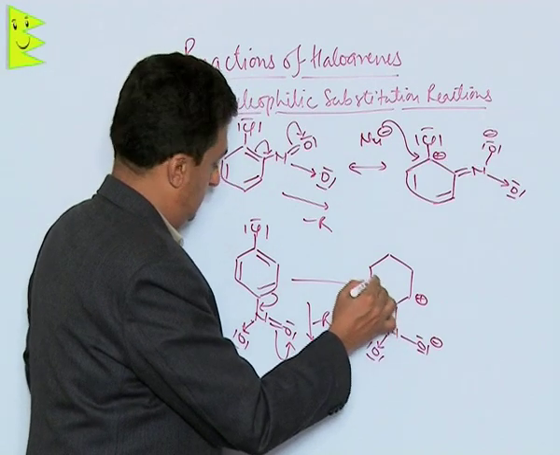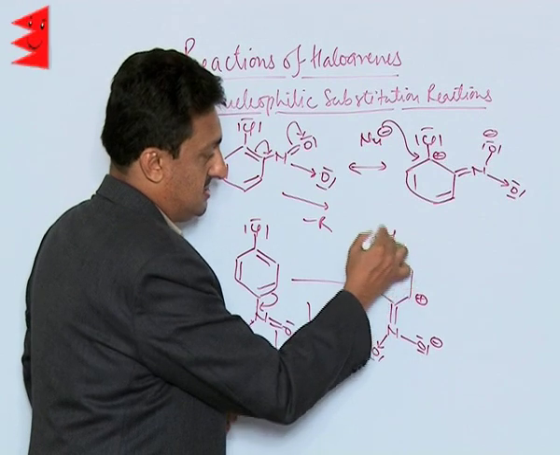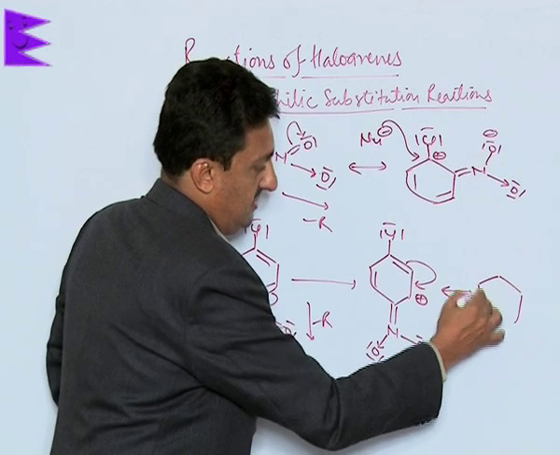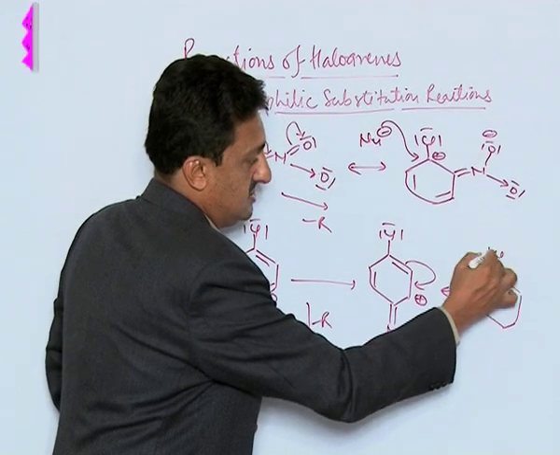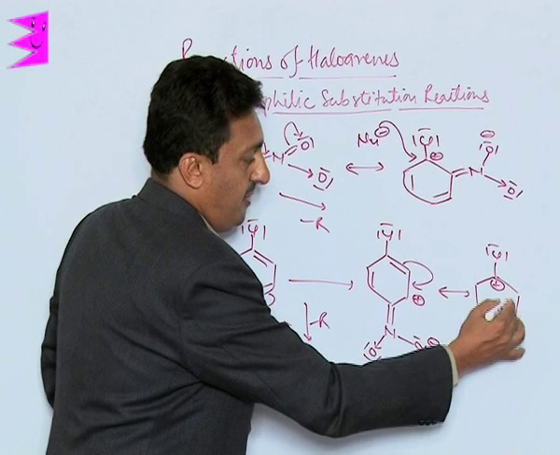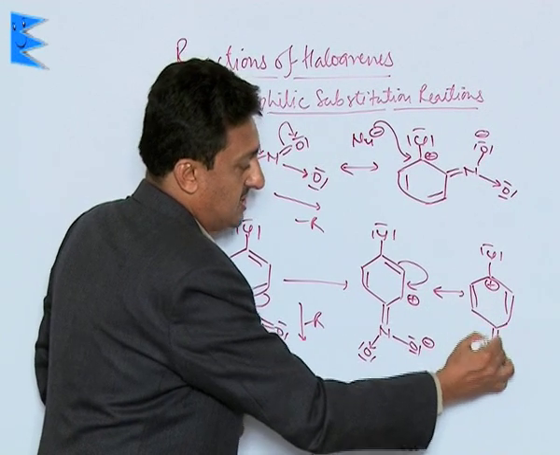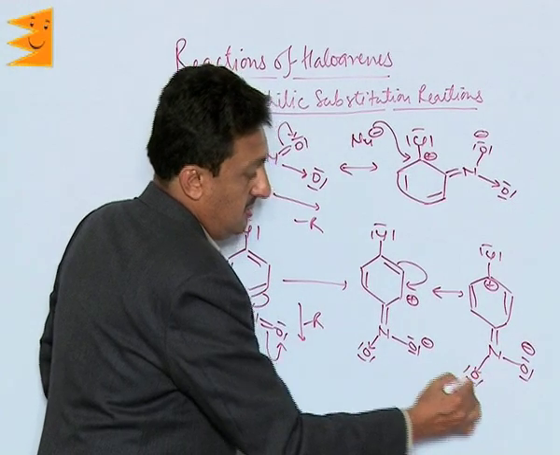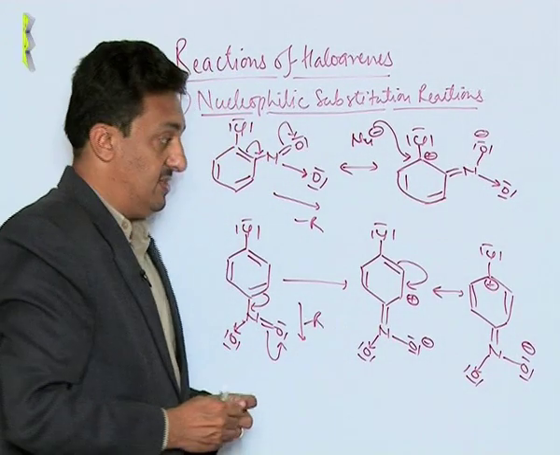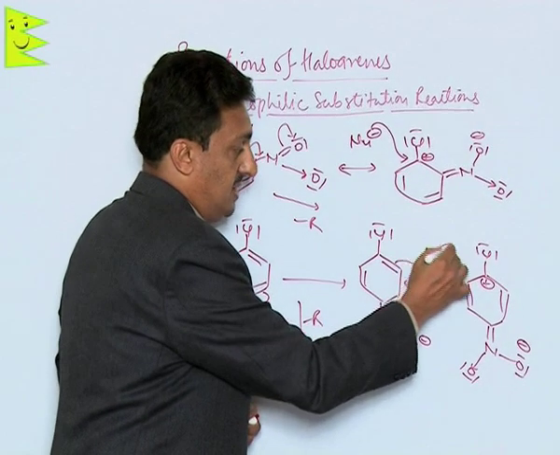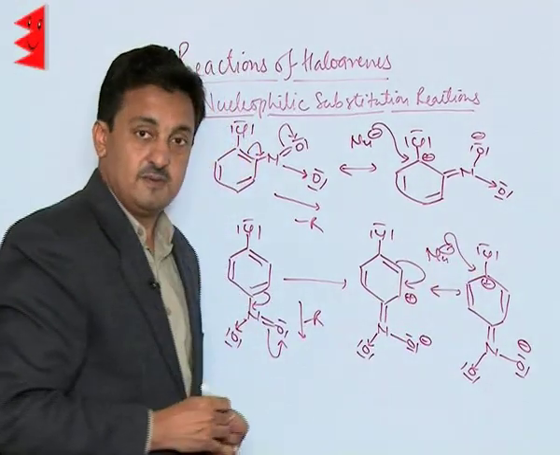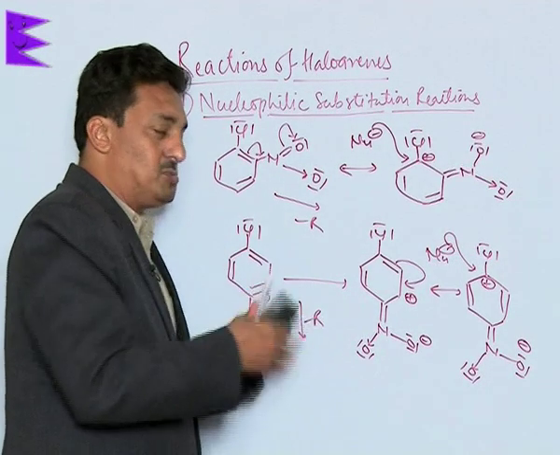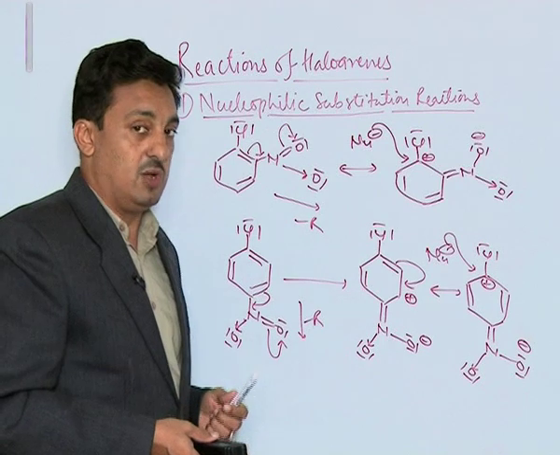What will happen is we have groups like this. This will shift here. So the next structure we have is this. Now again, the positive charge is on that carbon atom which is having the chlorine. So therefore, the nucleophilic substitution becomes much more easier. Now, if we have three such groups, it becomes much more easier. That is why even warm water is able to replace the chlorine.